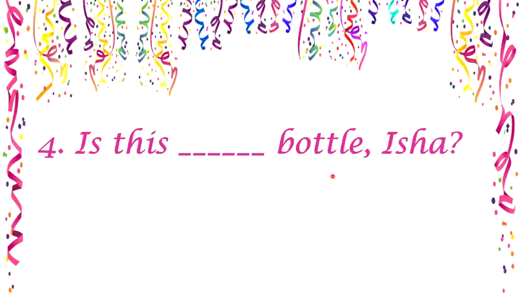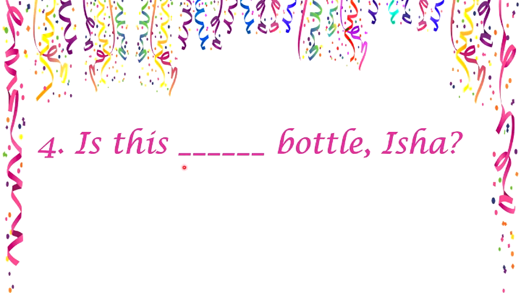Next is, is this dash bottle, Isha? So that means the speaker is talking to Isha, and when you talk to someone, that means Isha is the listener. So it is second person. Now you tell me which possessive adjective do you use for second person?